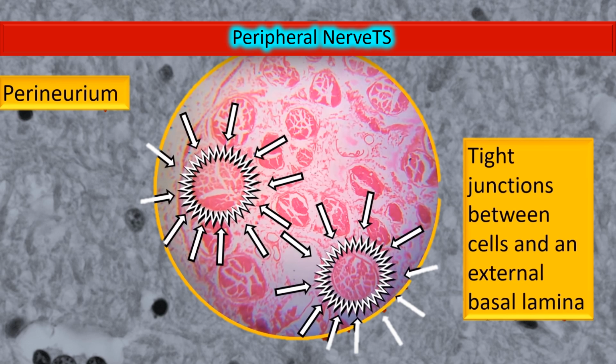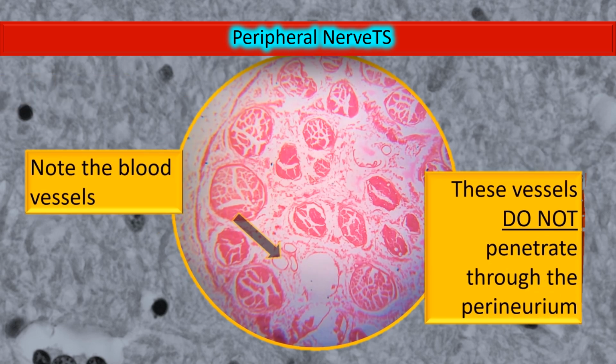Now that region is very, very particular, and that forms the barrier between the perineurium and the nerve. That means the nerve fascicles are protected by the perineurium from the blood vessels.